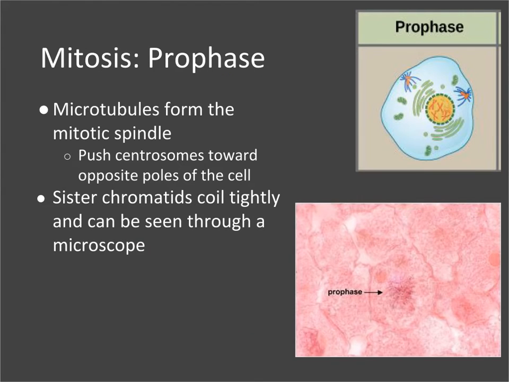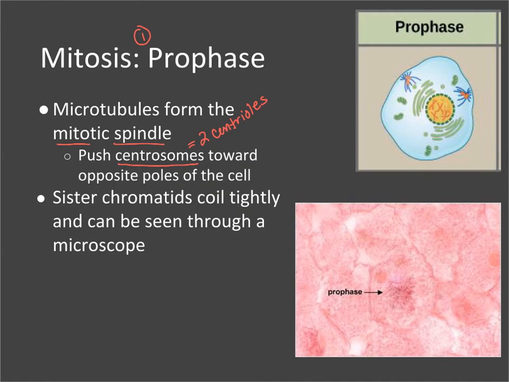We'll start by talking about the first phase of mitosis, which is prophase. And there are a couple of important events that happen during prophase. First of all, something called the mitotic spindle starts to form. And the mitotic spindle is made from these organelles or structures called centrosomes. And a centrosome is made up of two of these cylindrical structures called centrioles.